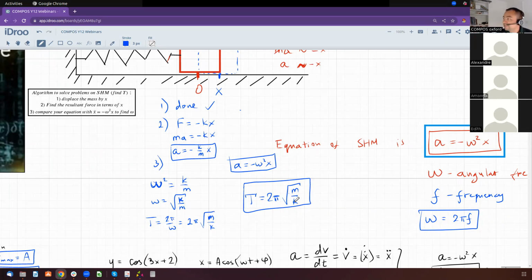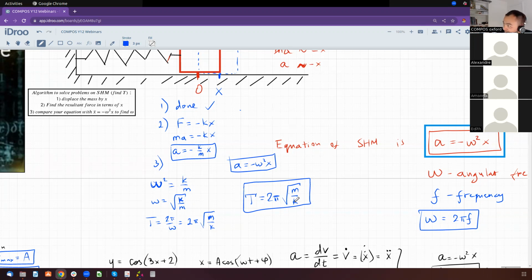When you stand on bathroom scales, they're not measuring your weight. They're measuring your normal reaction force. And if you're in space, and you're orbiting the planet, there's no normal reaction because you're floating in the ship. There's no normal reaction, and you can't measure it.